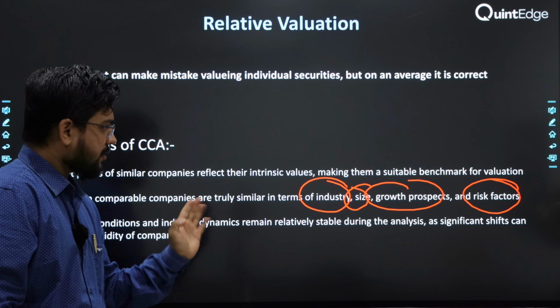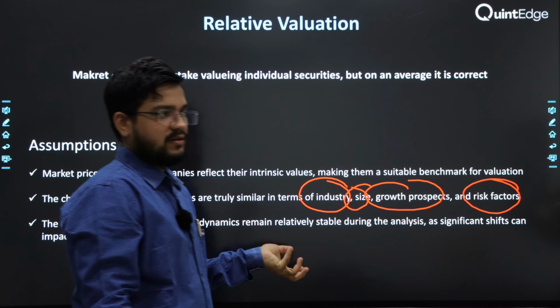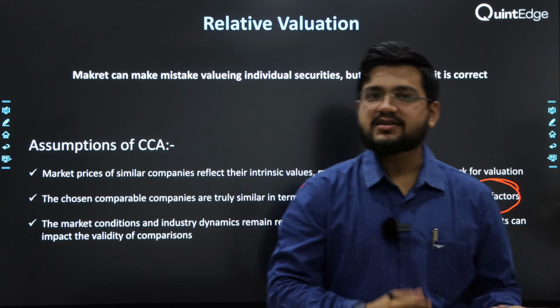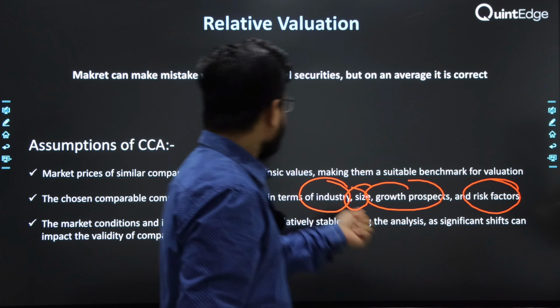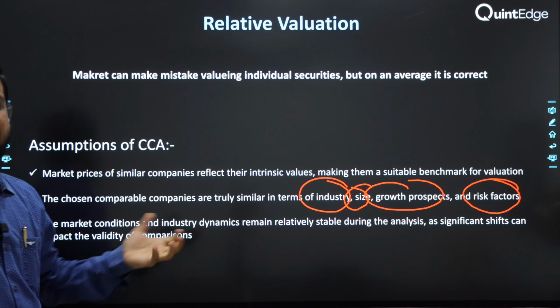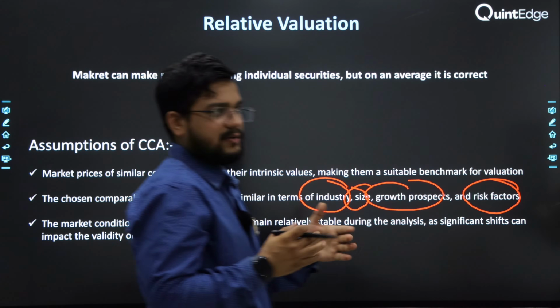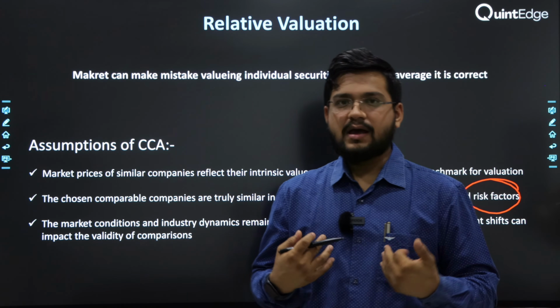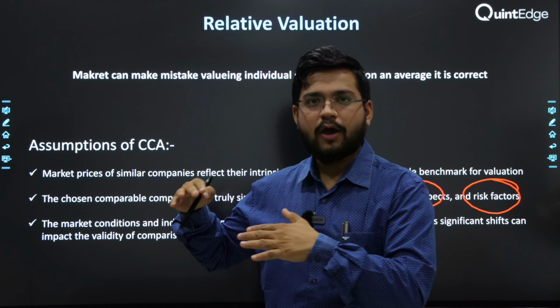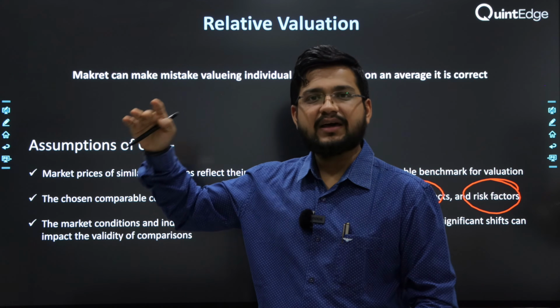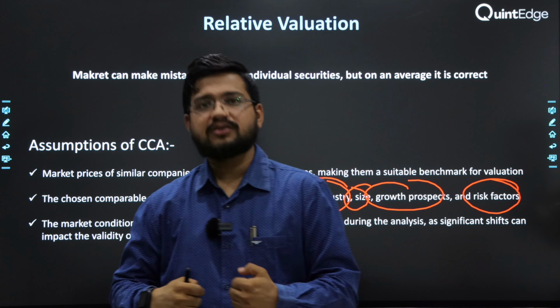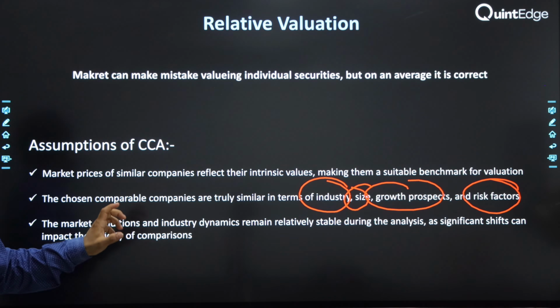I can say whatever risk TCS is facing, similar risk is faced by all its competitors, right? Their size is almost similar, size in terms of market cap or in terms of sales. Basically, if I want to compare myself, I'll compare with someone having similar height, similar weight, similar stature, right? Same thing will apply over here.